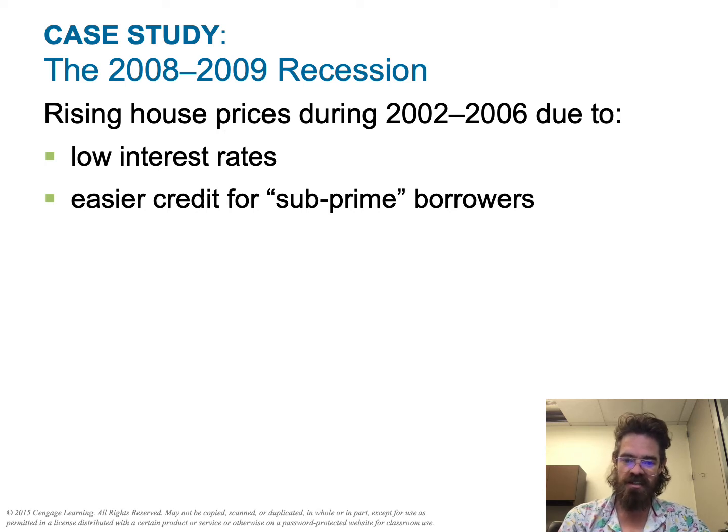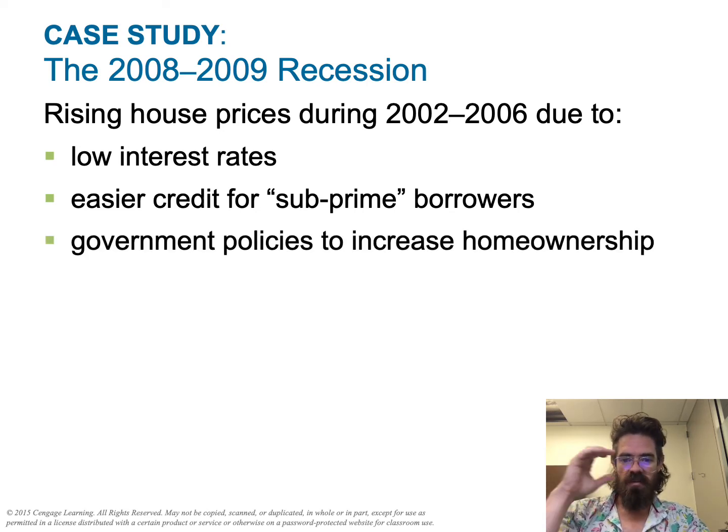There's a high chance that they won't pay back their loans. So for a number of reasons, it was very easy for these types of people to get loans for a house. And there were also government policies at the time that were in place to try to increase home ownership. So there were a lot of things supporting the demand for housing, which was helping the price to go up pretty quickly over such a short period of time.